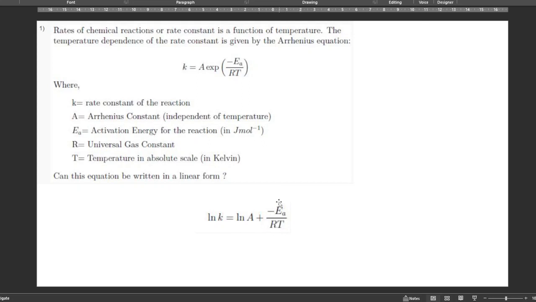and minus Ea by R is the slope. One second. So this can be plotted as 1 by T against ln k.